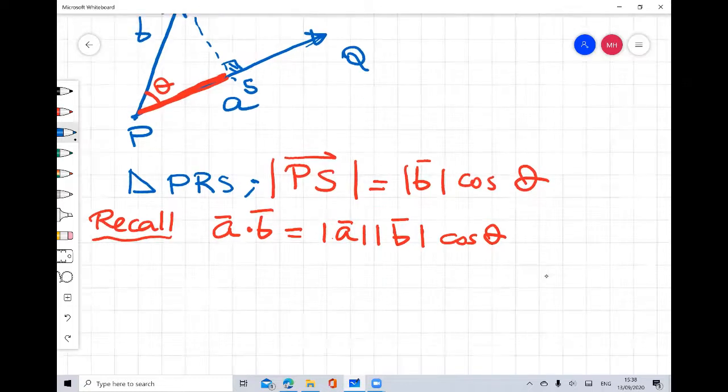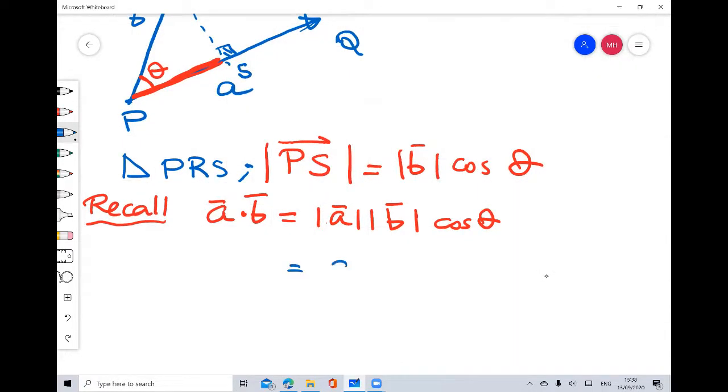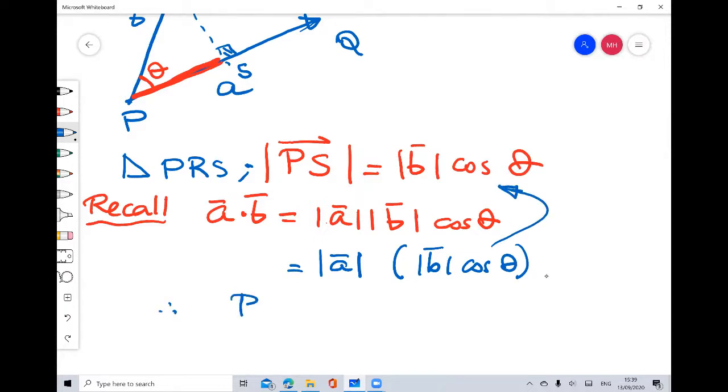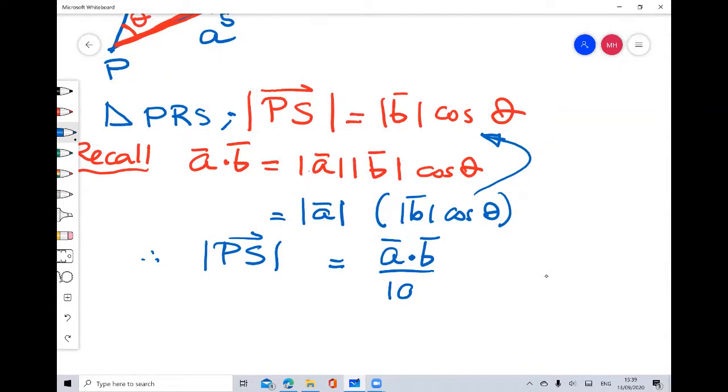I could rewrite this like this: magnitude A, and open my brackets, B cosine theta. I'll notice that this B cosine theta actually is the length of my vector PS. So from here, I could say that the length PS could be rewritten in terms of the dot product of the two vectors A dot B, divided by the magnitude of A.